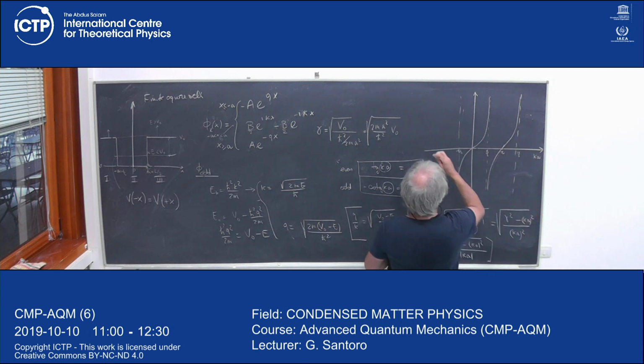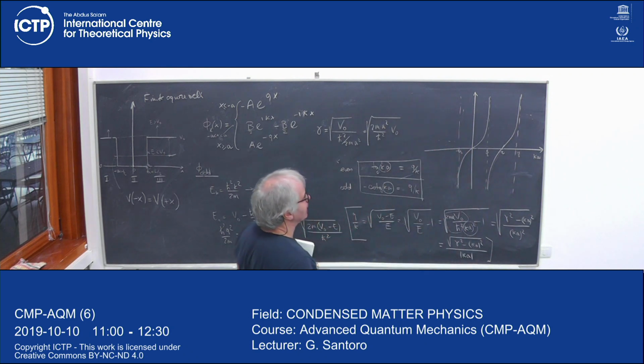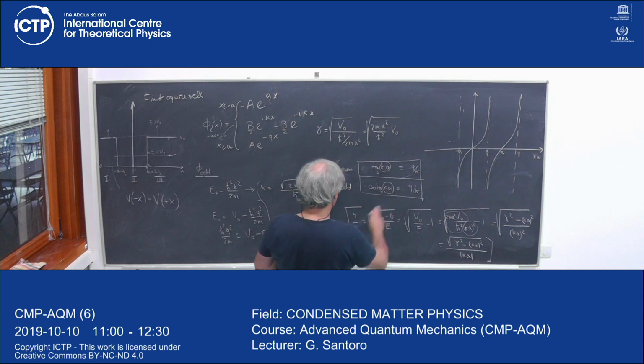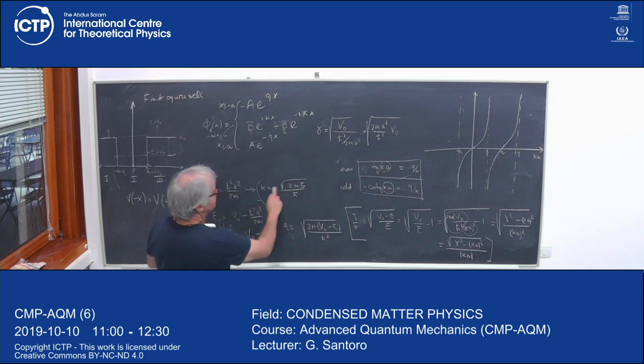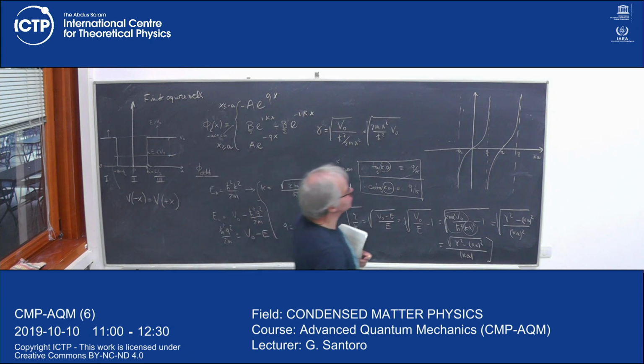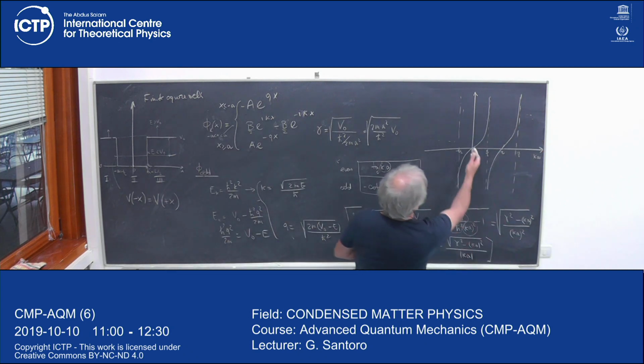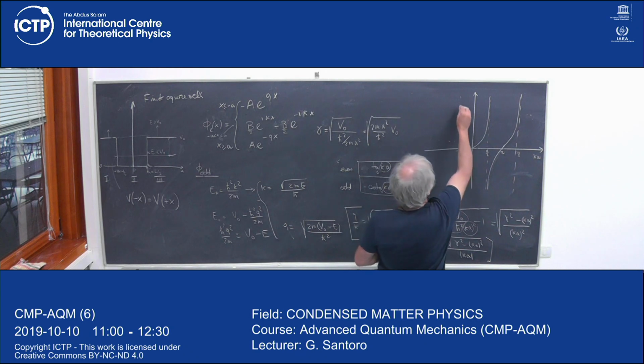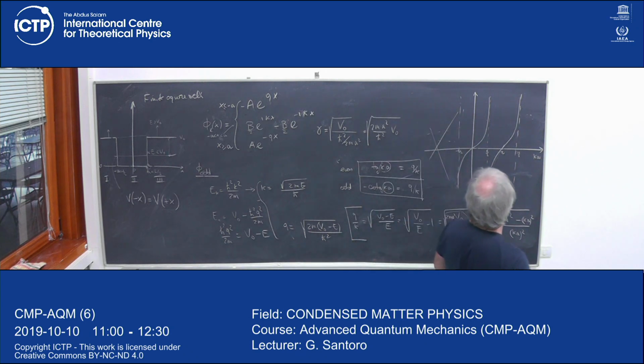And again, in the end, I can always take, say, K positive, like you see here, the square root of 2m energy. So let's ignore what happens here. I would repeat the thing, but let's ignore negative things.